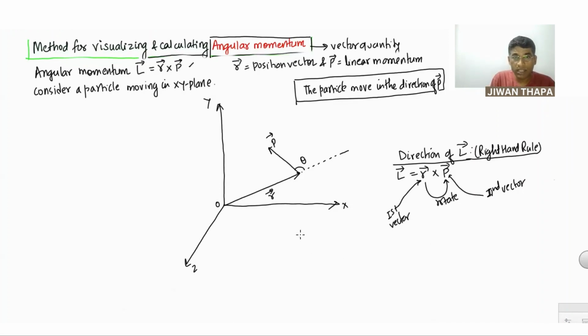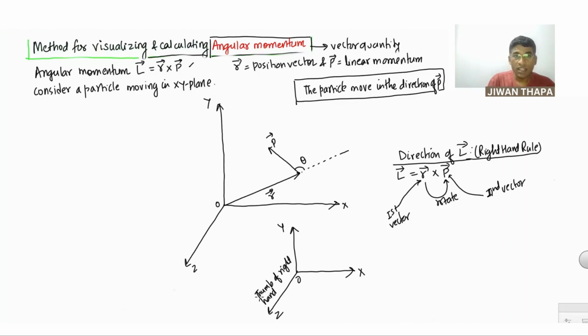So for example, in this case, we have this. Then we find the thumb of the right hand acting along Z axis.